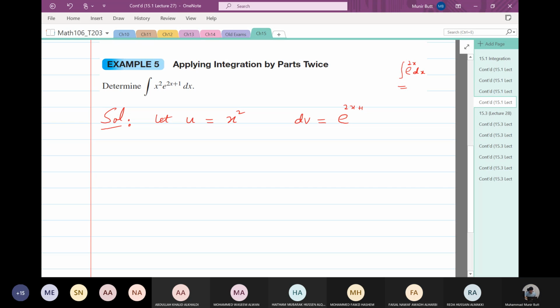Its integration is e to the power 2x divided by 2 plus c. Agree? Yes.